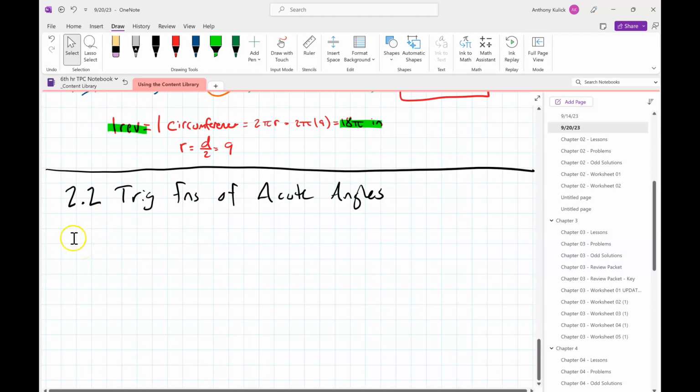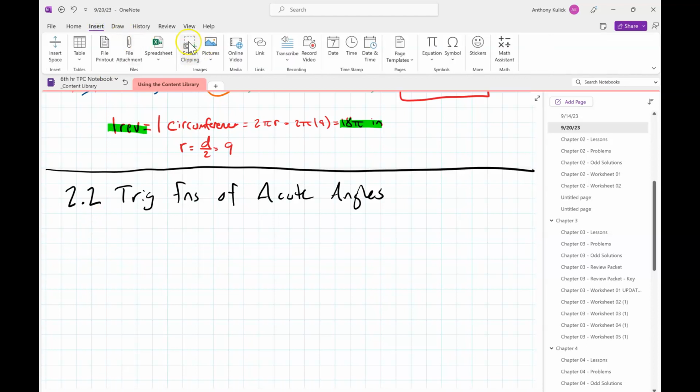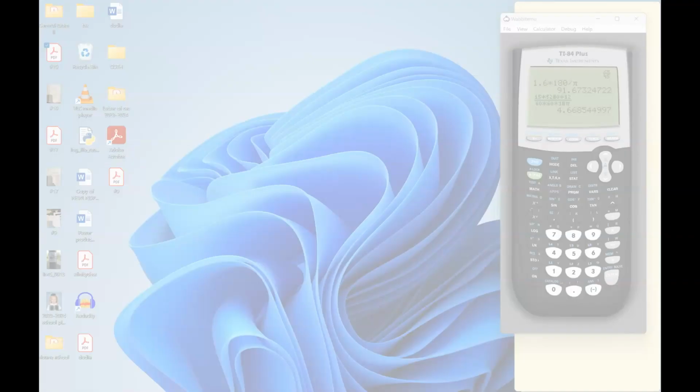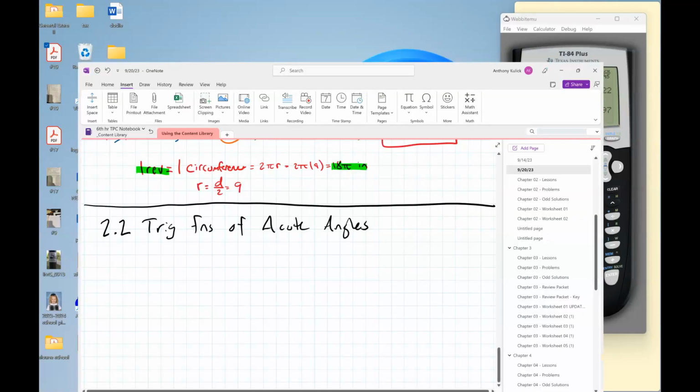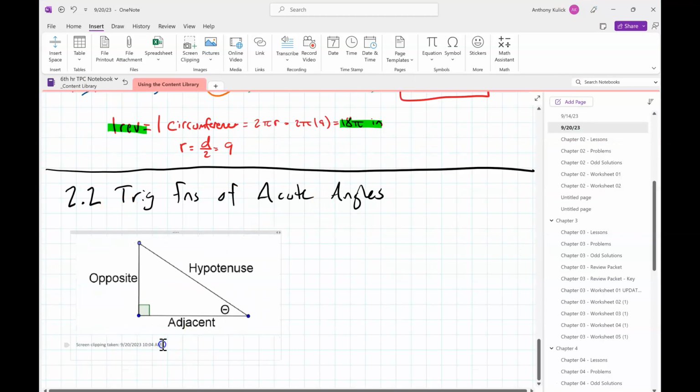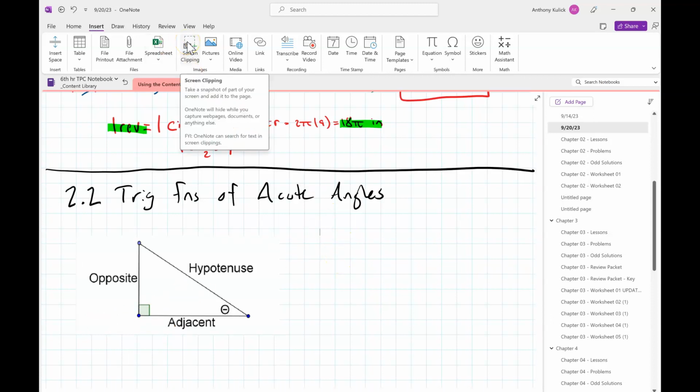This is basically the same thing that we reviewed from geometry, with one little addition. So we have some right triangle with acute angle theta.